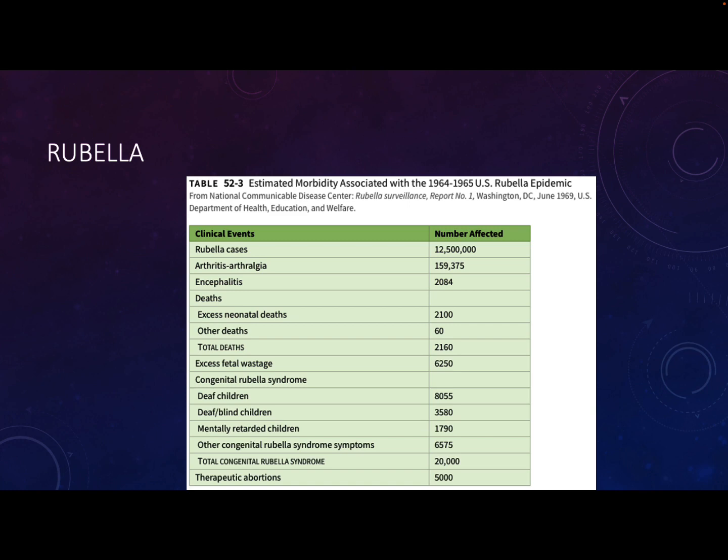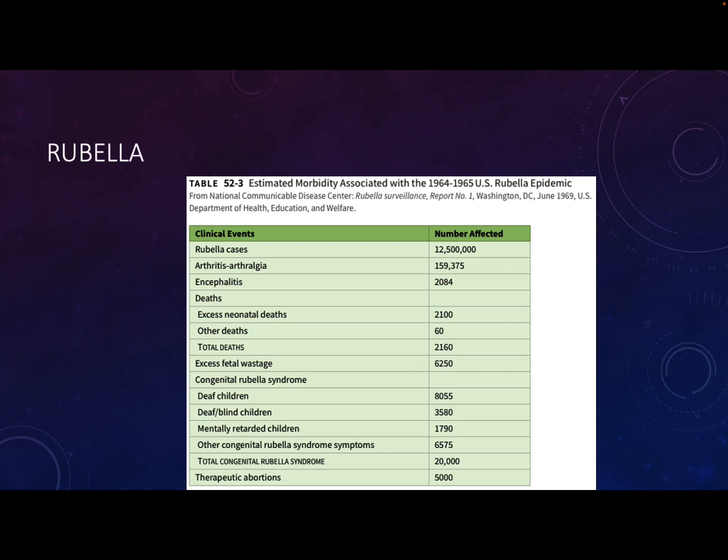Deaths. So excess neonatal deaths: 2,100. What that means, when you're doing epidemiology and trying to figure out these kinds of numbers, is that with something called excess neonatal deaths, you're looking at the normal baseline of neonatal death, which is kind of a morbid, horrible thing to think about, but there is a number of how many people have a miscarriage or stillbirth every year.